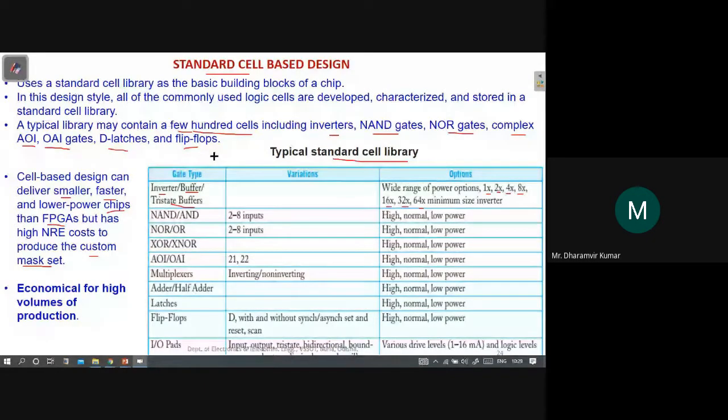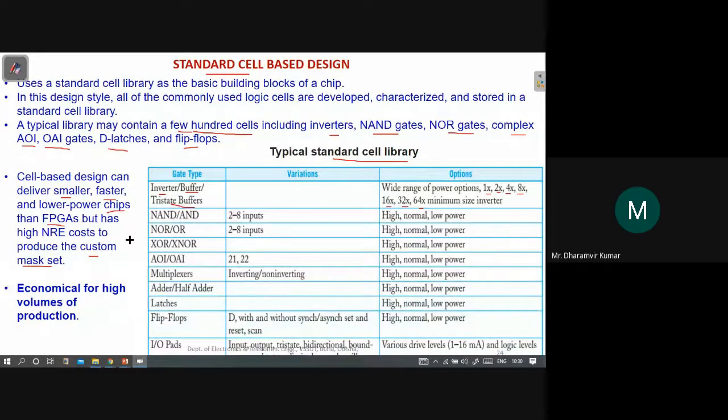So in that sense, you'll find that the performance of the design from the standard cell based design approach would be a little bit lower as compared to the previous design style. Sir, but in full custom design style, the chances of error would also be higher, since everything is built from scratch by the designer.